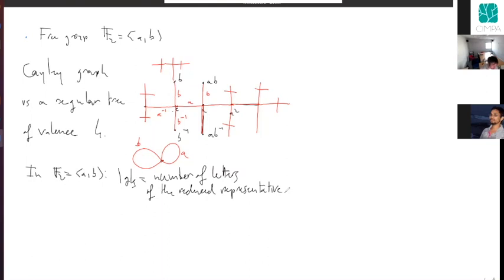So you see already this combinatorial property of the free group can be read from the Cayley graph. It is very fundamental to have this kind of going back and forth between combinatorial properties and the group property.